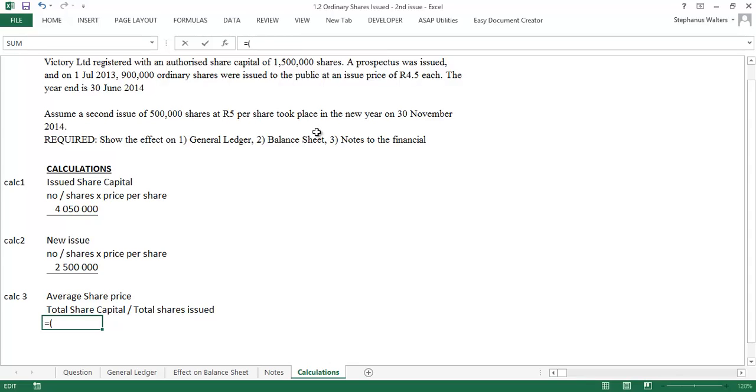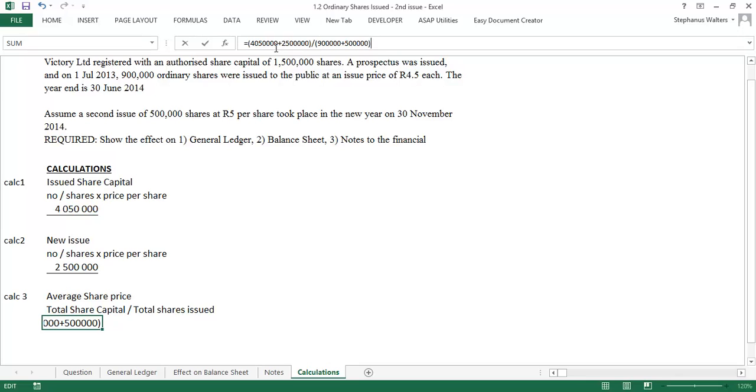My total share capital is going to be the 4050 plus the 2.5250 and I'm going to put that all in brackets because I want to divide the total share capital by the total shares issued, which was the 900,000 plus the 500,000 of the second issue.